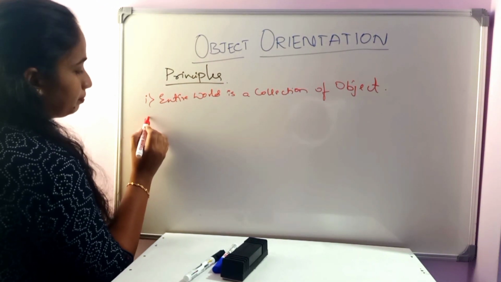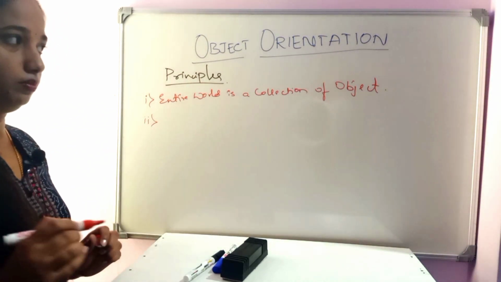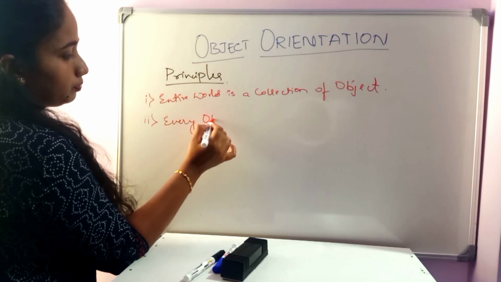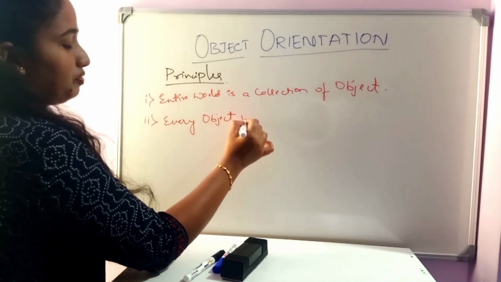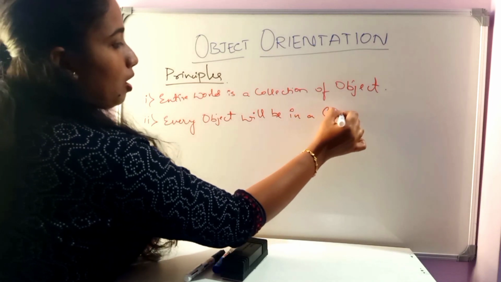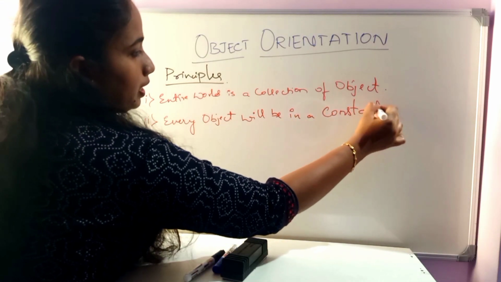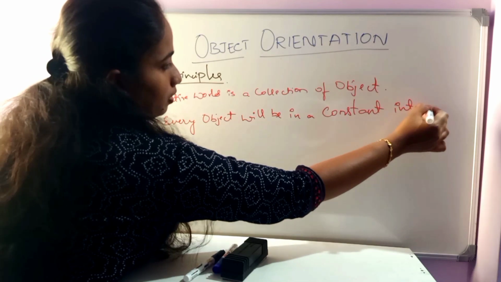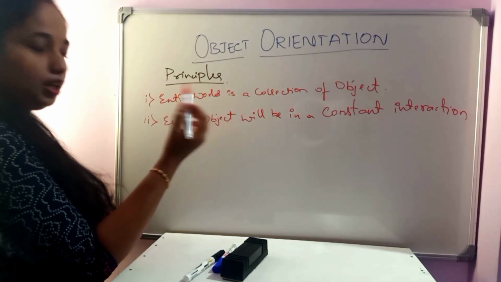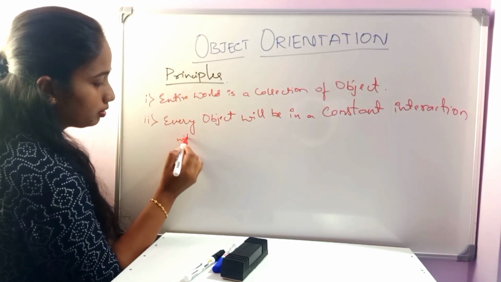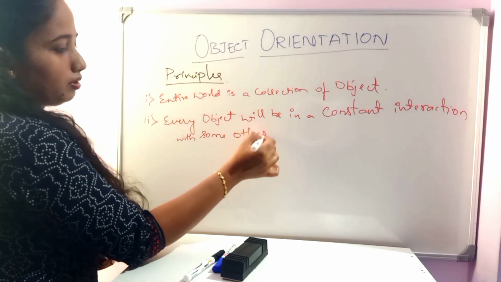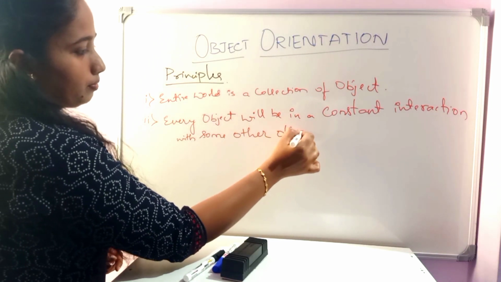Let us see the second principle. Every object will be in constant interaction with some other object.